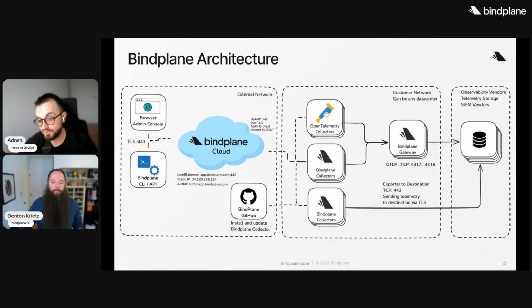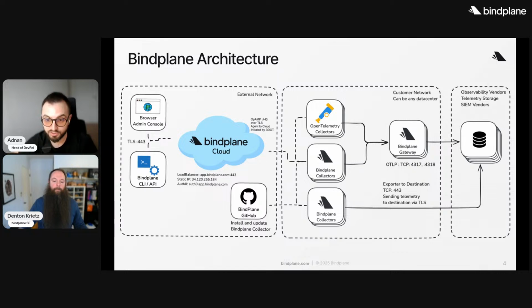But how does this work on a communication level? Well, it works through the OpAMP protocol, which is the new protocol that the OpenTelemetry community has been pushing for communicating with collectors. What's cool with the OpAMP protocol is that at Bindplane, we have the Bindplane distro for OpenTelemetry collector, which is basically an upstream version of the OpenTelemetry collector contrib with the OpAMP protocol built in.